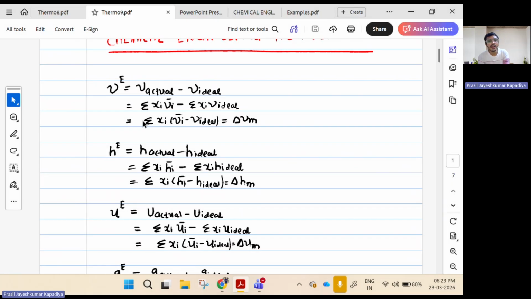So I can write it as the summation of xi times (Vi bar minus V ideal), meaning the molar volume of component i in the mixture minus its volume if it were behaving ideally. That will give me some delta, and this will not be equal to 0 in the case of a non-ideal solution.